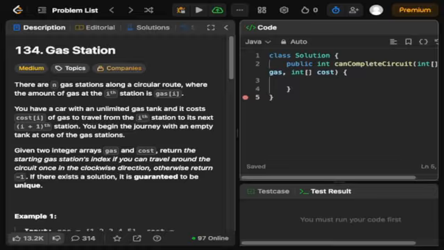So for the solution, we're given an integer array of the amount of gas that's available at each station, and the next integer array, cost, is the amount of gas that it's going to take to get from gas station i to the next gas station.